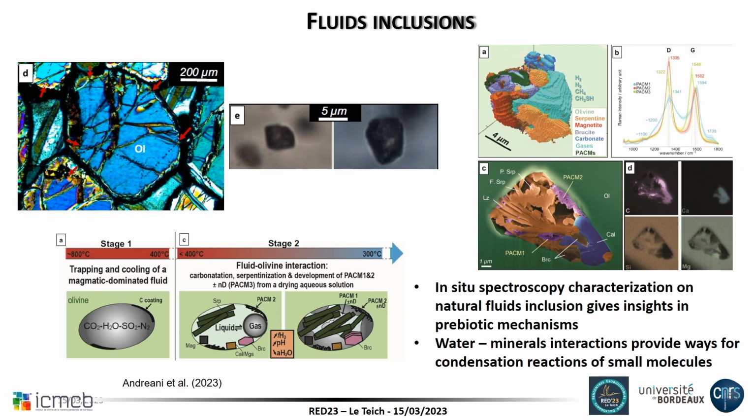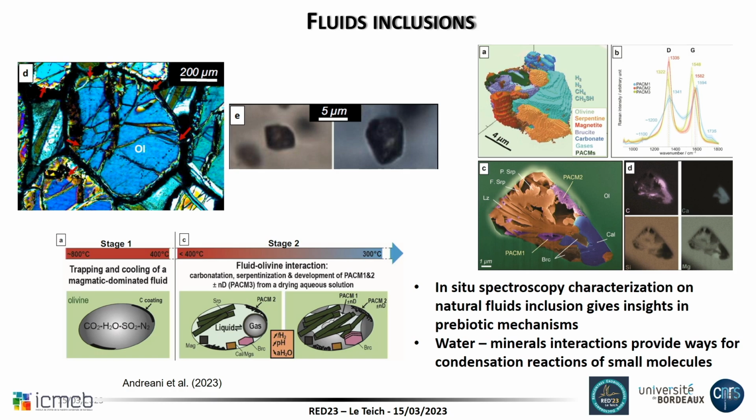If we go through a few examples, a recent one from the team of Isabelle Daniel, by Muriel Andreani. There was a fluid inclusion that was collected in Lost City, which is a white smoker. They recovered the rocks, and they found that in an olivine crystal that you can see here, they had some fluid inclusions.